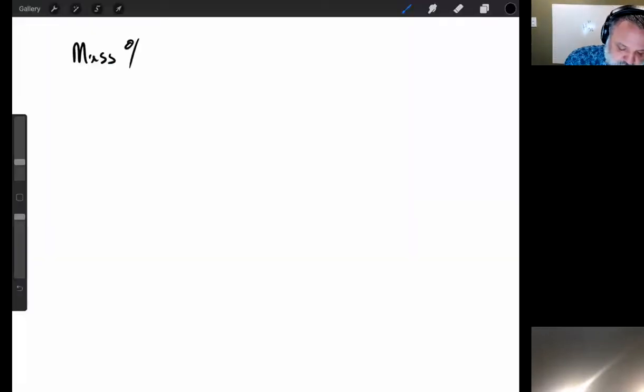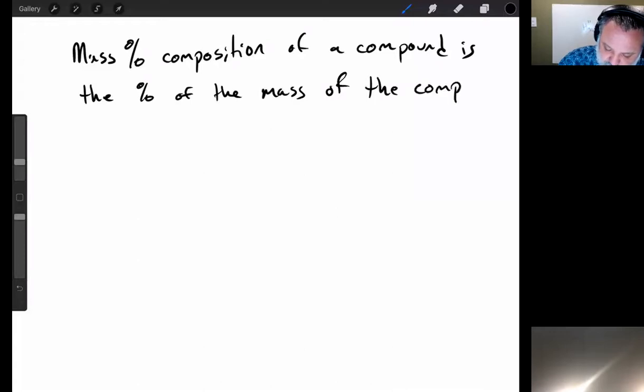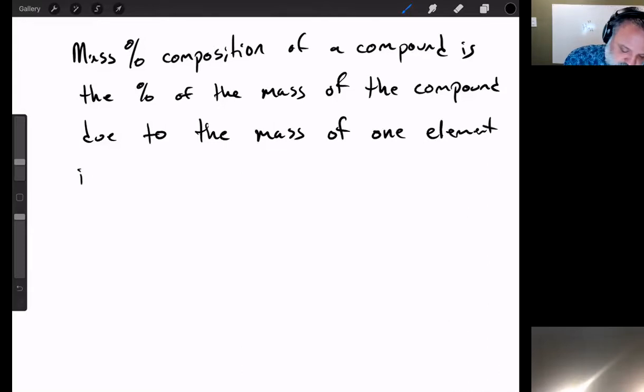The mass percent composition of a compound is the percentage of the mass of the compound due to the mass of one element in the compound.